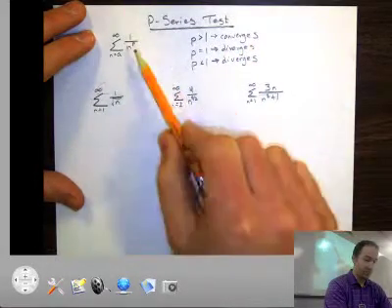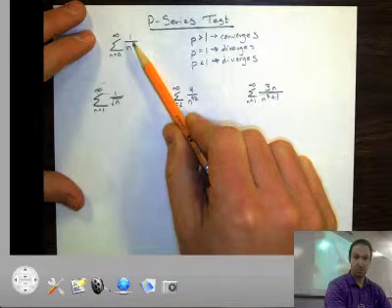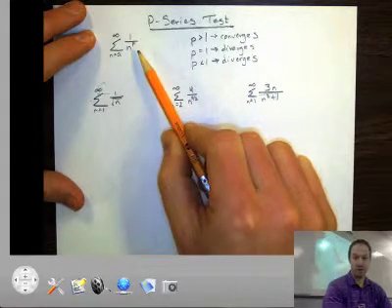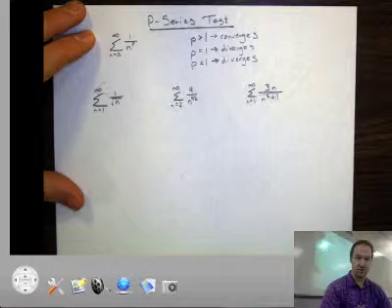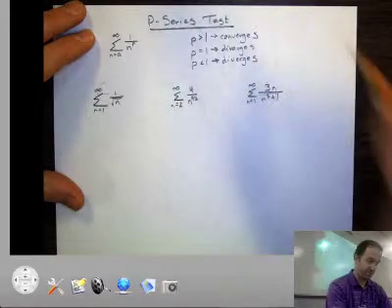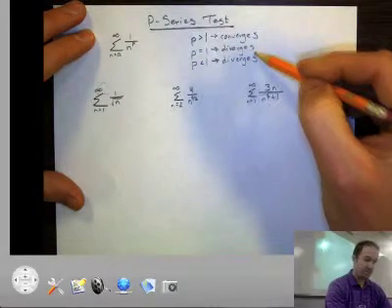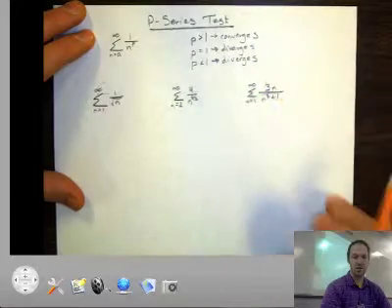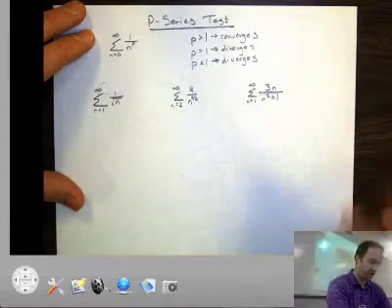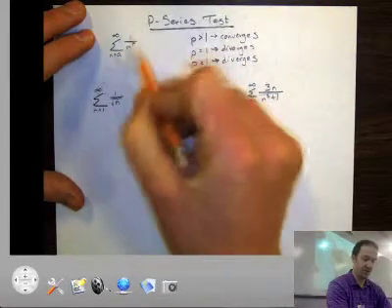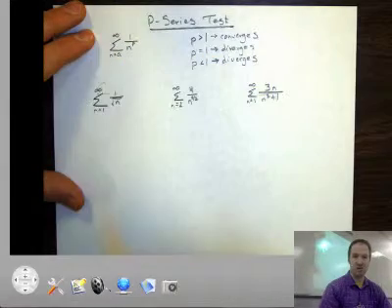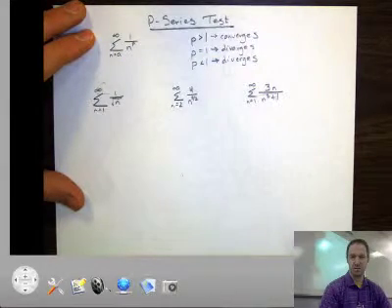If the exponent equals 1, that's the case of 1 over n, which we said diverged yesterday. We used the integral test to show that. So if p equals 1, it diverges. And if p is less than 1, it also diverges. So real easy. As long as we have a series in this form, all we have to do is look at that exponent to see if it converges or not.